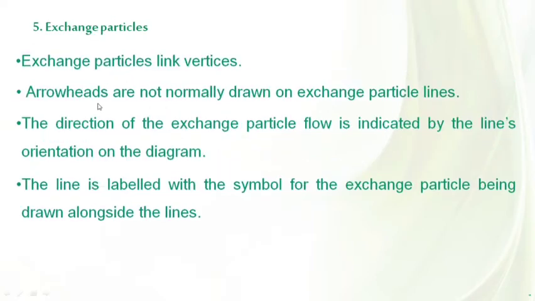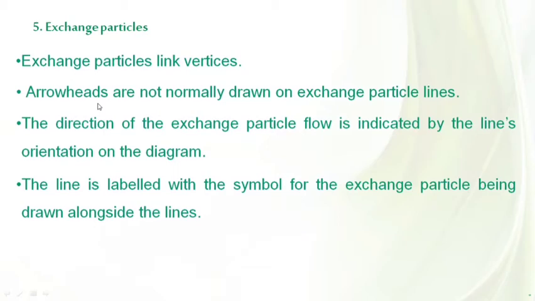Arrowheads are not normally drawn on exchange particle lines. The direction of the exchange particle's flow is indicated by the line's orientation on the diagram. The line is labeled with the symbol for the exchange particle drawn alongside the line.